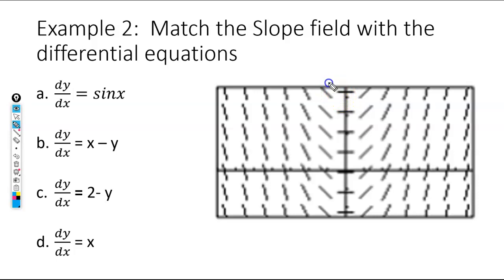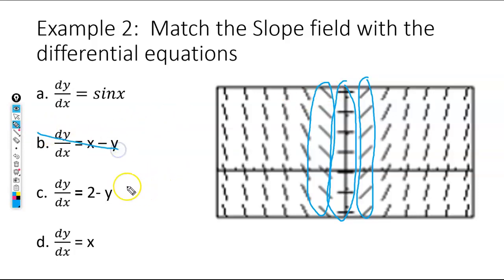Okay. Now, first of all, notice something, that the columns are the same. Since all the columns are the same, that means the y value doesn't seem to be affecting the slope, and therefore it needs to be a differential equation without a y. So I know it can't be b, and it can't be c either.